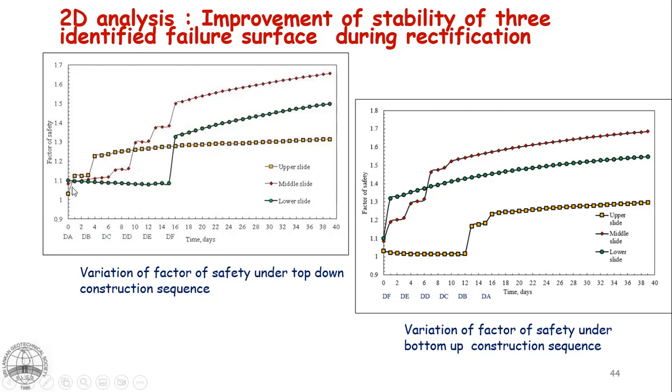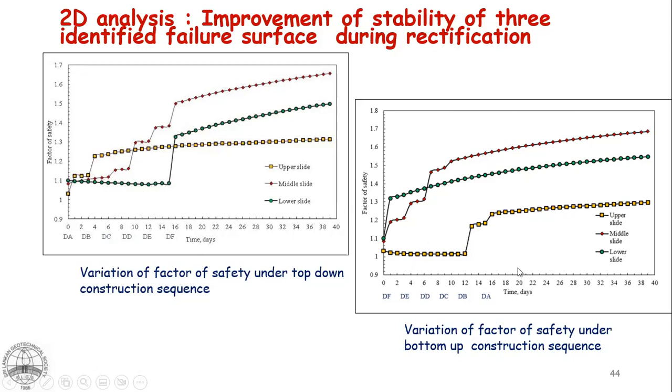The middle one started to improve only after installation of drain C. The lower one started to improve only after the installation of drain F, right? The installation of the upper drains did not have much impact on the stability of the lower slide.